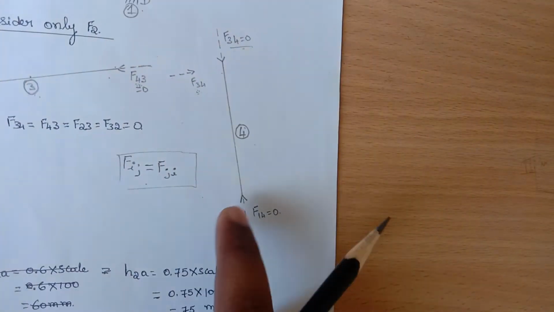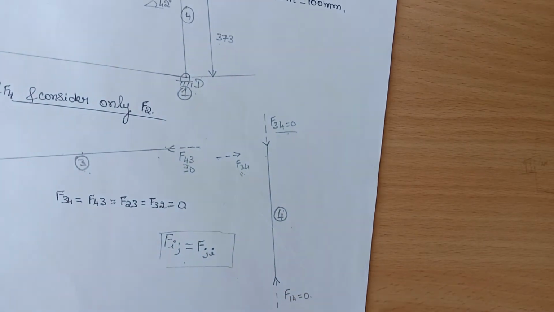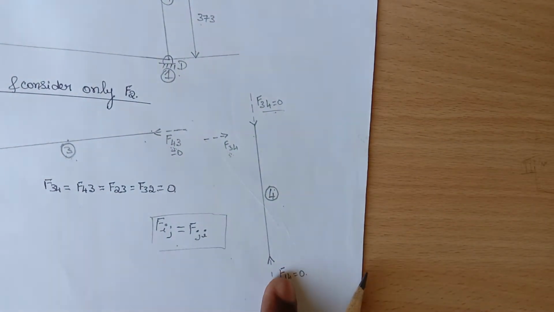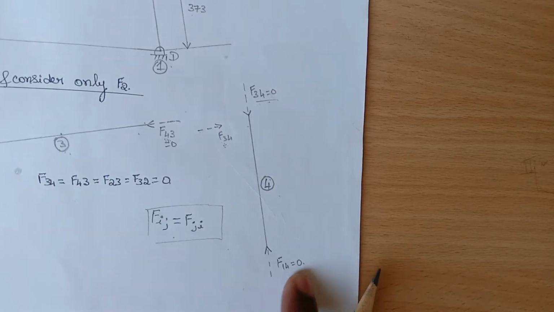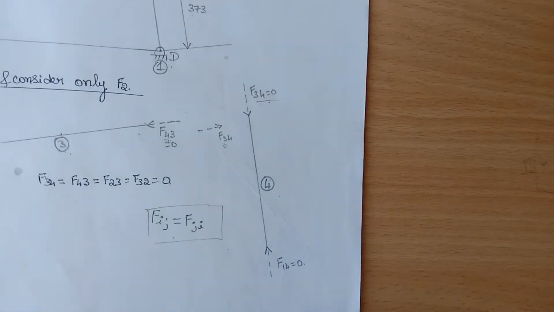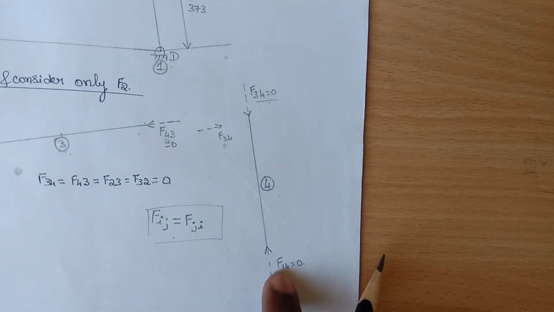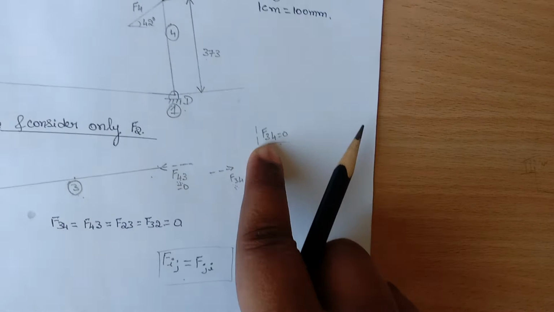But for a 2 force member, from the conditions of equilibrium, we can easily show the direction of the force from the fixed member. In order to satisfy the condition of equilibrium, it has to pass through this link itself. Therefore, this is F14. Another force acting on this link 4 is F34.